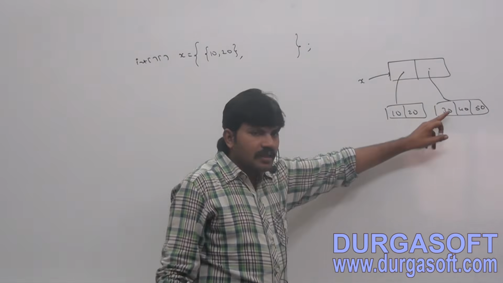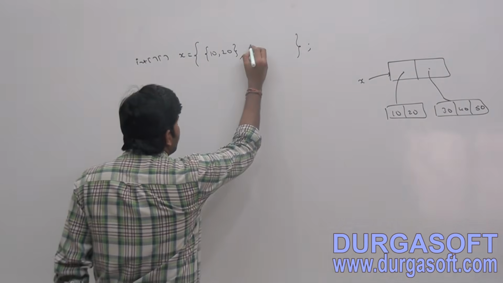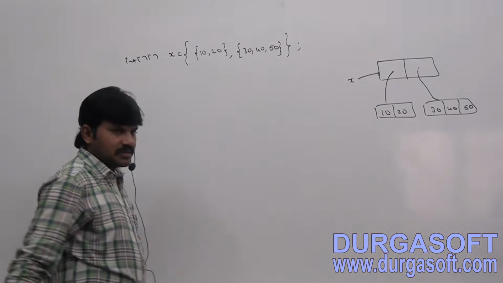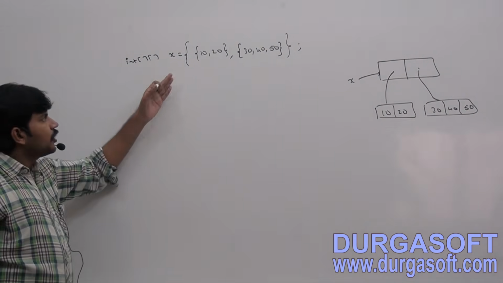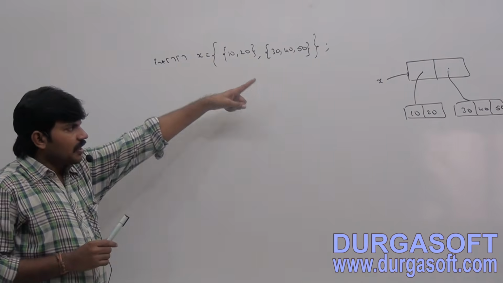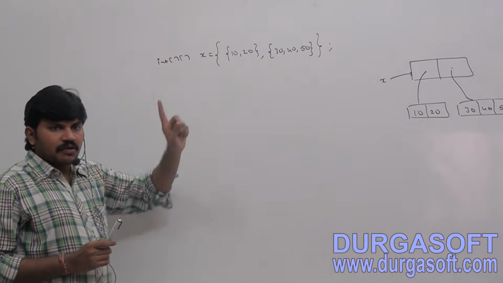Next, another array got created with the values 30, 40, 50. Are you getting the point, right? So a new 2-dimensional array got created like this. For this representation, this is the equivalent Java code, right?